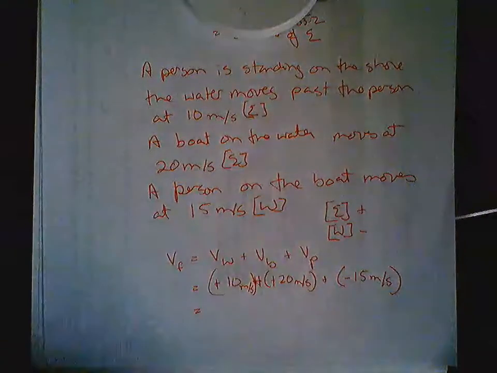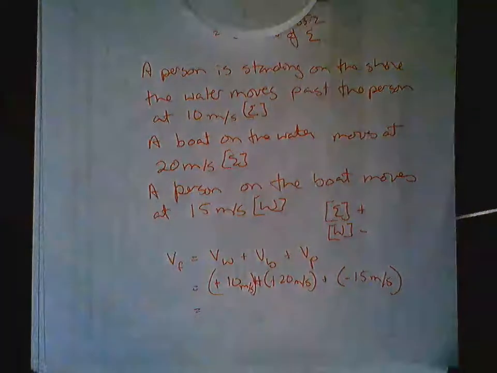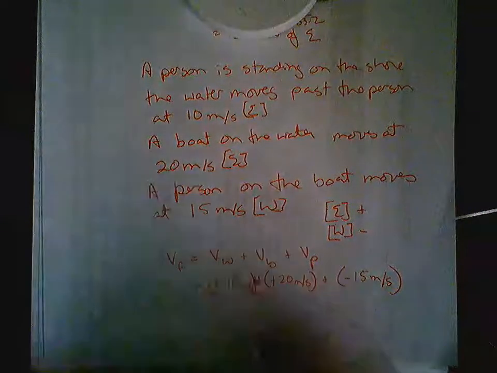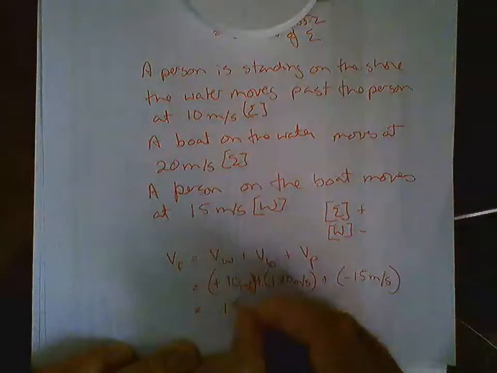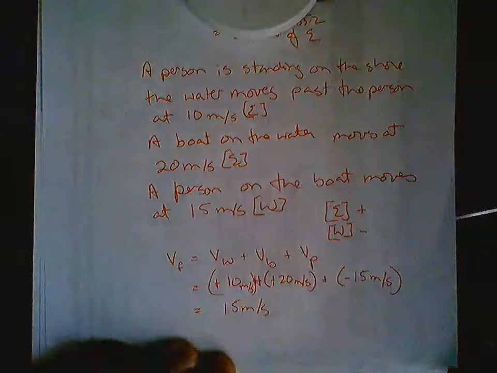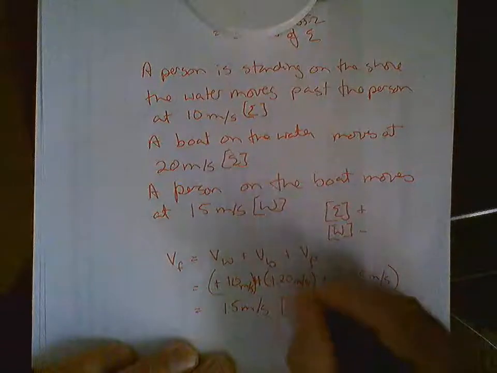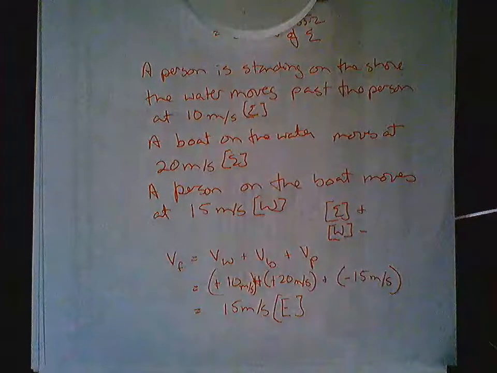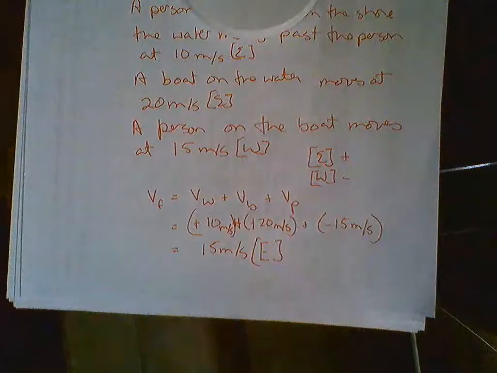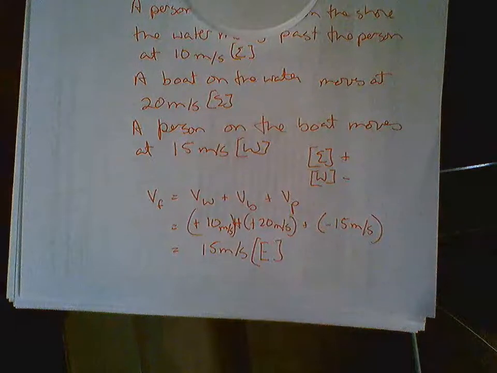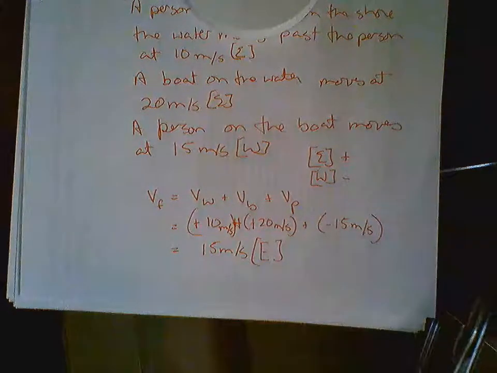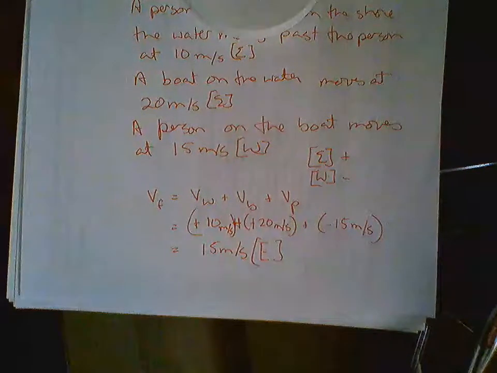So from the viewer who's sitting on the shore, it would look like the person on the boat is moving 15 meters a second to the east. All you have to do is add up all of your velocities and it will tell you that relative to the person on the shore, the person on the boat looks like they're moving 15 meters a second east.